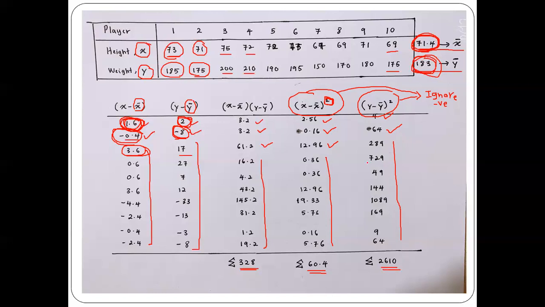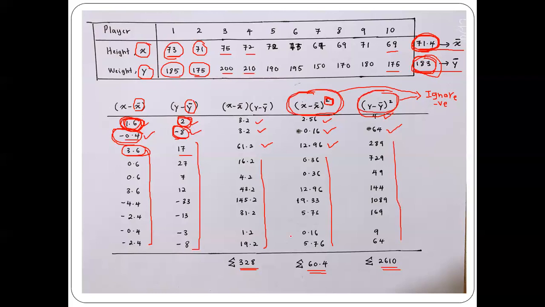Okay, so remember, you must ignore the negative value when you total up all the values for x minus x bar squared and y minus y bar squared.